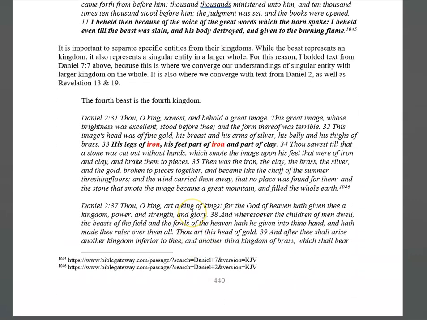So this is part of the problem too, where people try to insert Rome, is they think that there are 5 kingdoms in the statue, that it's the head of gold, that it's the chest and arms of silver, that it's the belly and thighs of brass, and then they separate the legs of iron from the feet of iron mixed with clay.